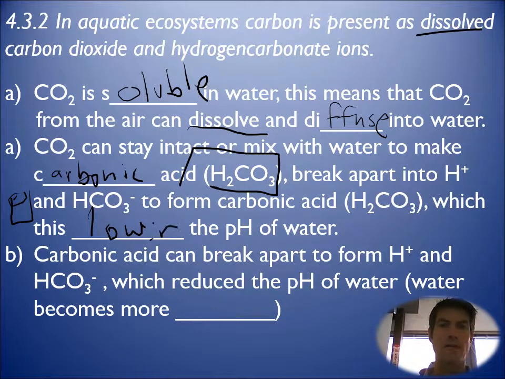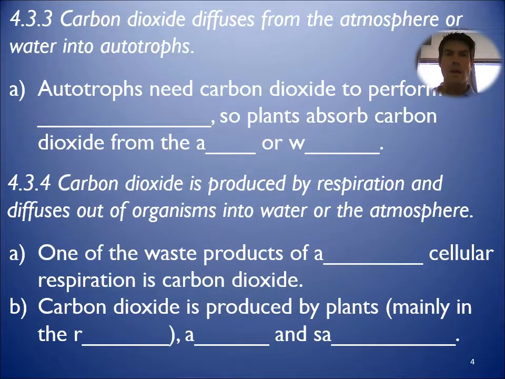Once you have that, it lowers the pH. And it can break apart further, hydrogen and this bicarbonate, and it's a little redundant. That water becomes more acidic. And these autotrophs can be in the atmosphere or the water.